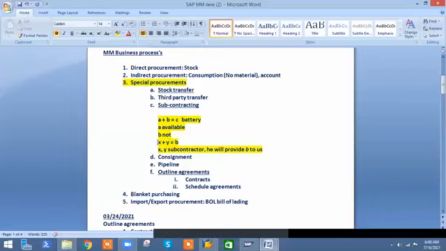Now to produce material B, we require raw materials X comma Y. At our plant location, X and Y raw materials are available.